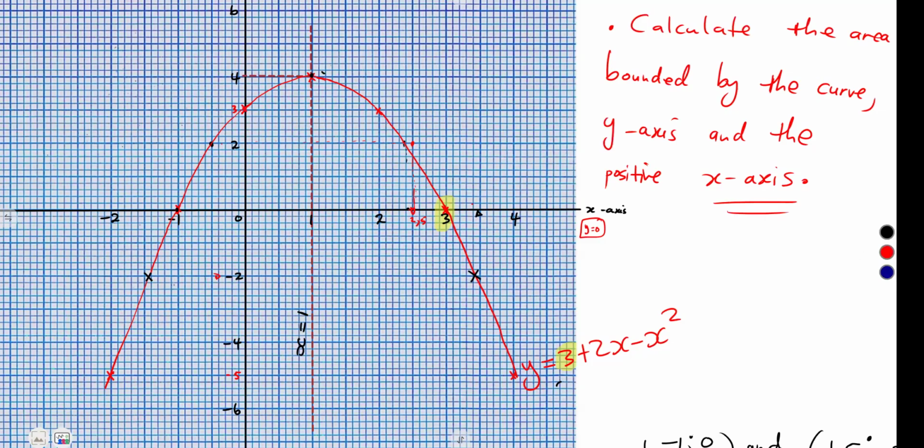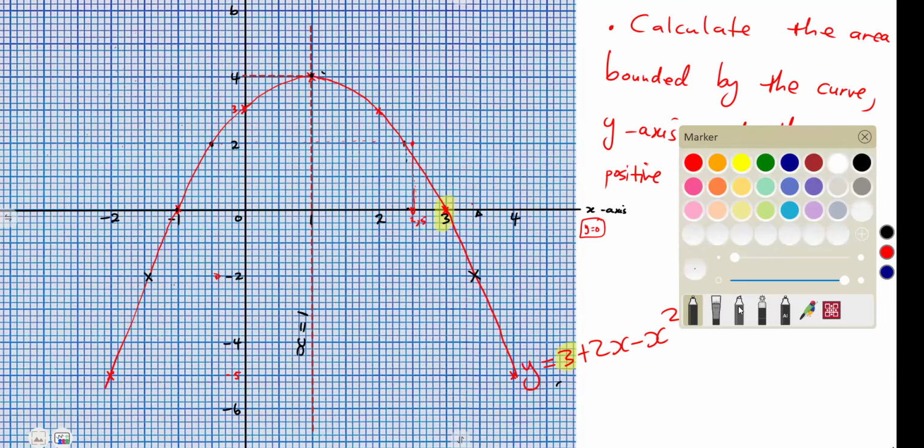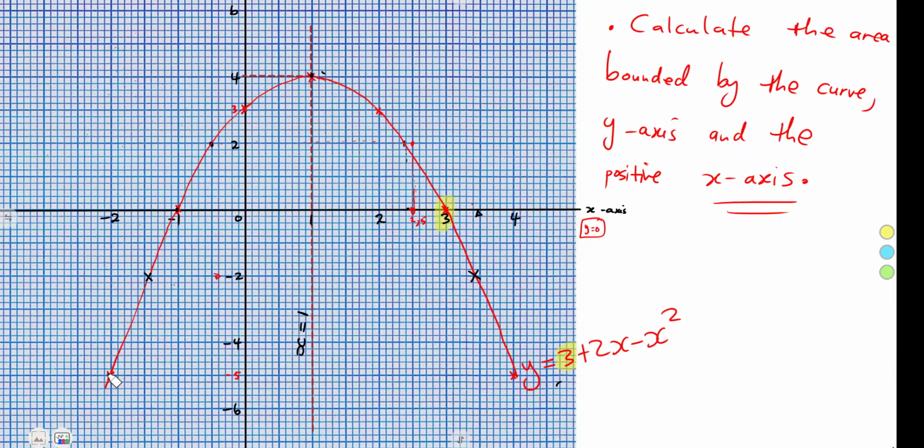Let's say this was our question. So first, which region is bounded? By the curve. This is our curve, the graph that we have drawn. So you need a region which is covered by the curve.